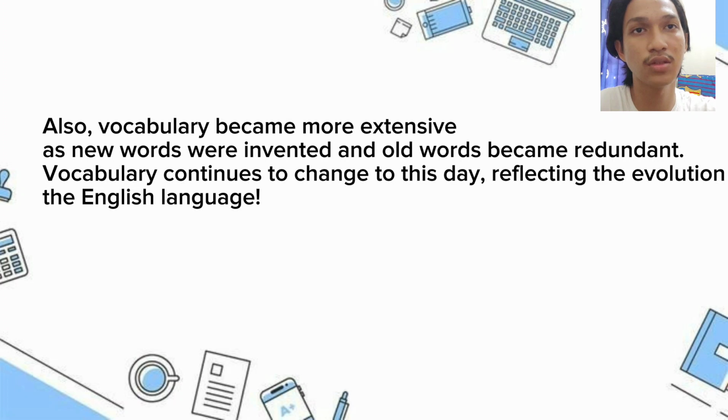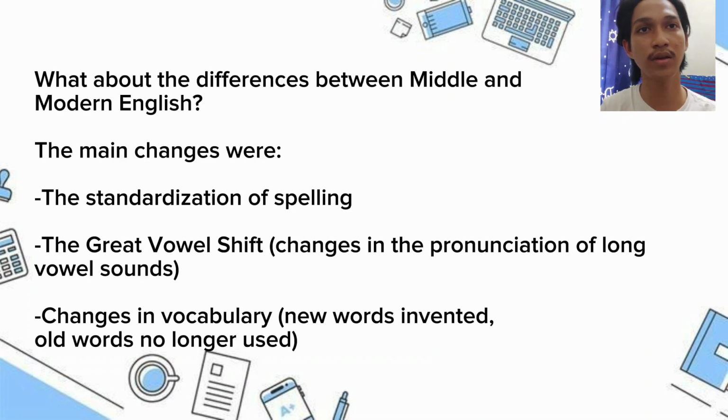Vocabulary continues to change to this day, reflecting the evolution of the English language. What about the differences between Middle and Modern English? The main changes were the standardization of spelling, the great vowel shift, changes in vocabulary.